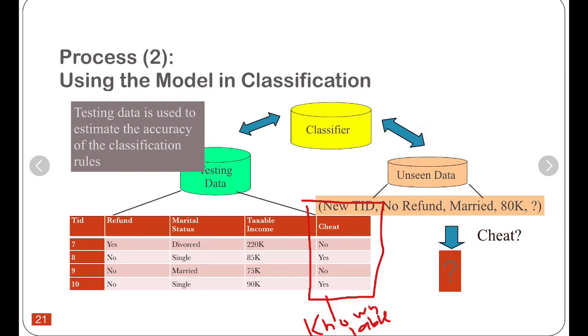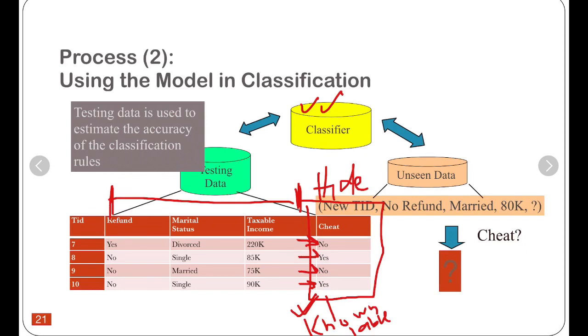The known label is compared with the classified result from the model. So we have the model, or the classifier. The model is used to deal with this attribute only, to classify or predict the class label without knowing the value of this class label, or in layman's terms, we hide this label.